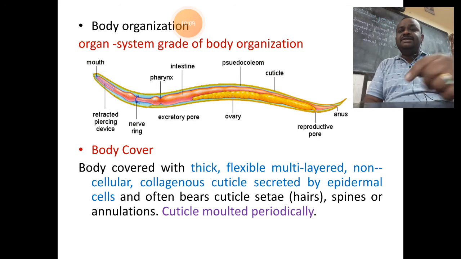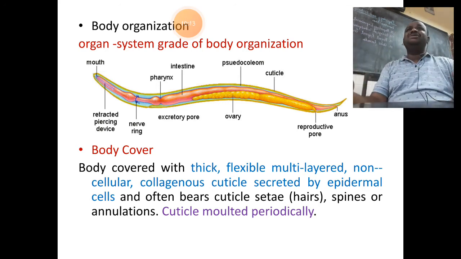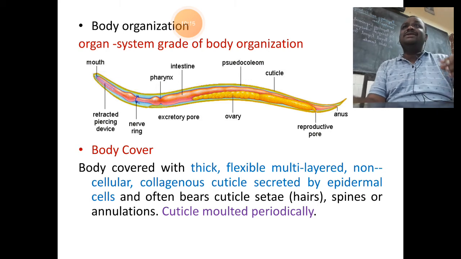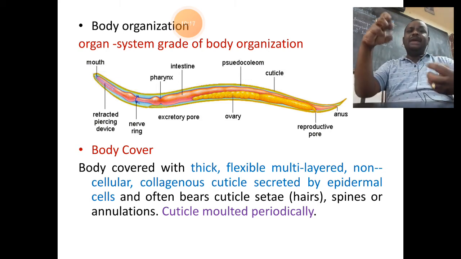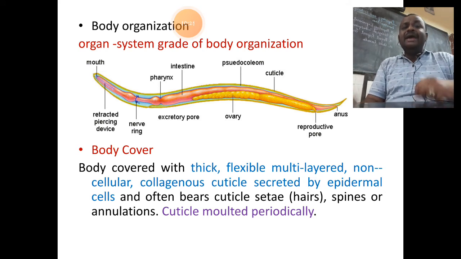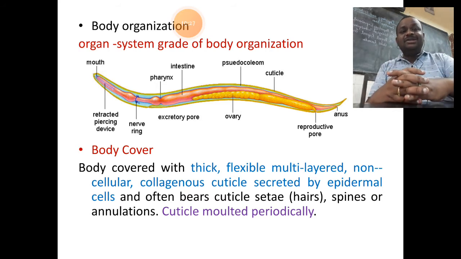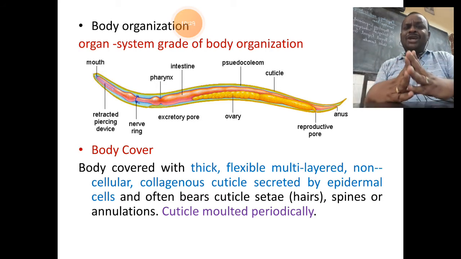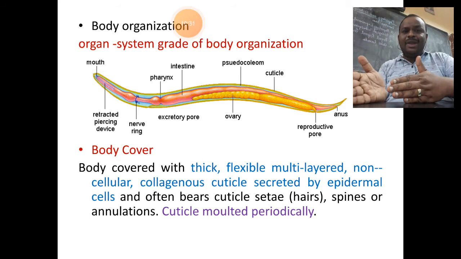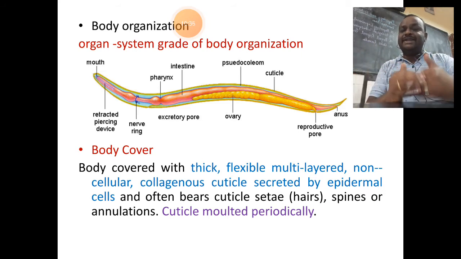The next one is body cover. So the body of the organisms, even though it is cylindrical, elongated, worm-like, having the tapered ends both the sides as what we see in the diagram here, it has got a covering over the body, skin or epidermis. It is called as generally non-cellular collagenous cuticle.